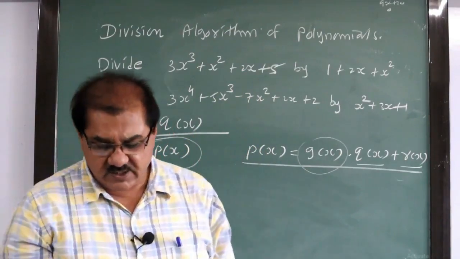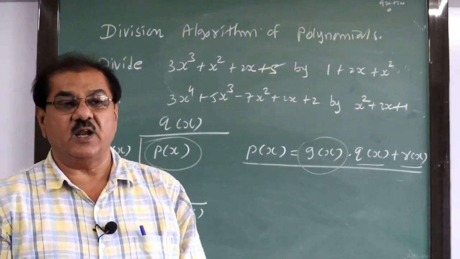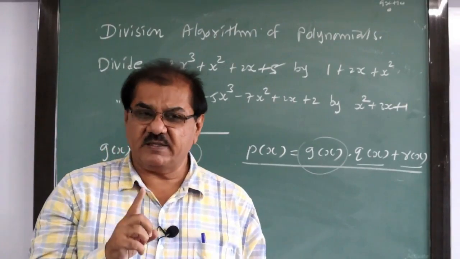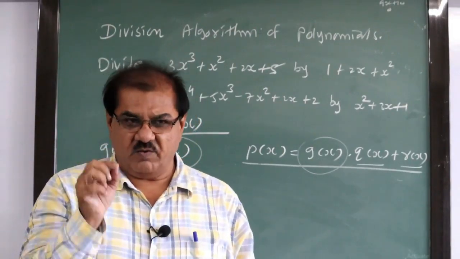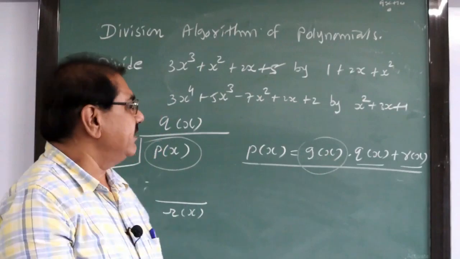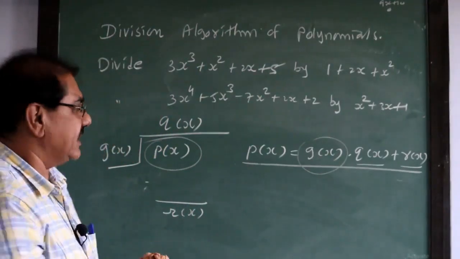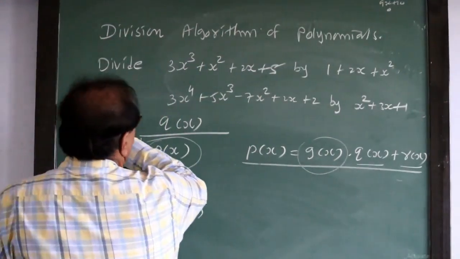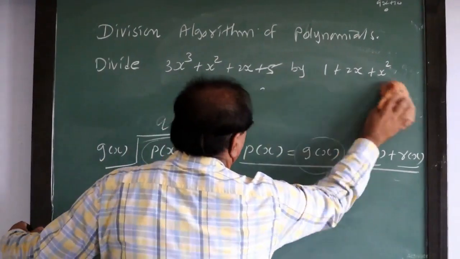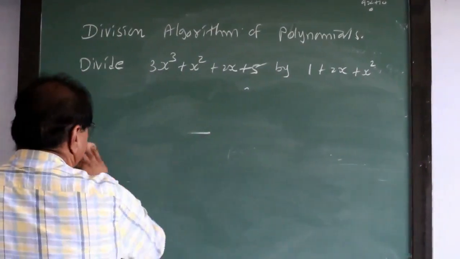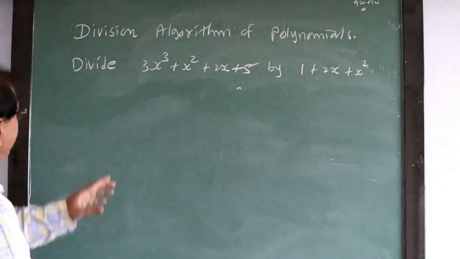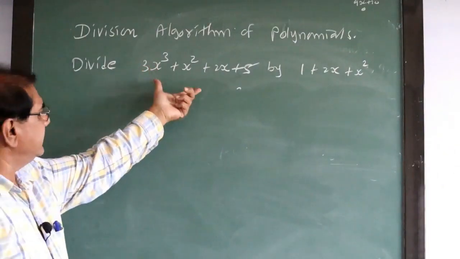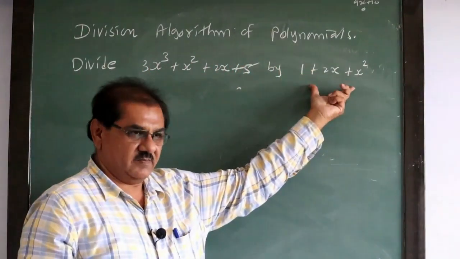Now on the basis of this, we perform the long division. The long division method we have studied in standard 9. We do one question and we will understand how the polynomial division works. Here the question is, divide this polynomial by this.